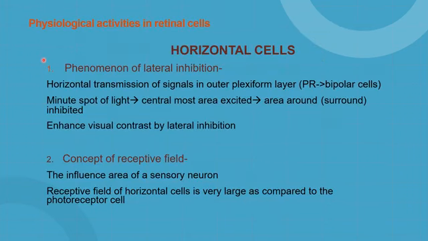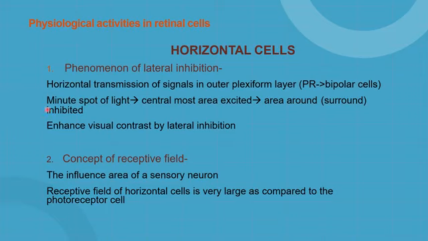If we see the horizontal cells, what are the physiological activities taking place? As we have seen in the previous slide, it has a large receptive field. So there will be the phenomenon of lateral inhibition, if you remember from the sensory encoding class. The surrounding will be inhibited and the center will be highlighted.